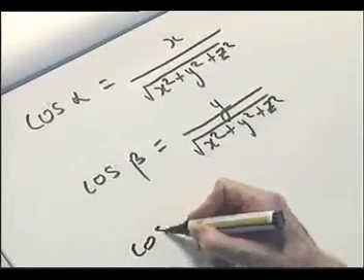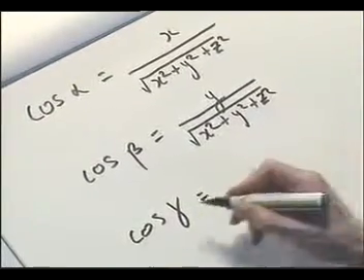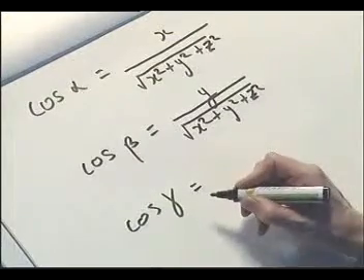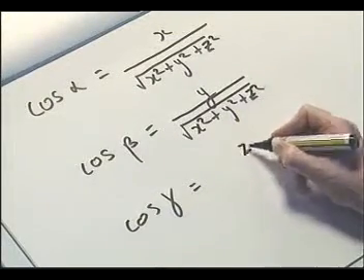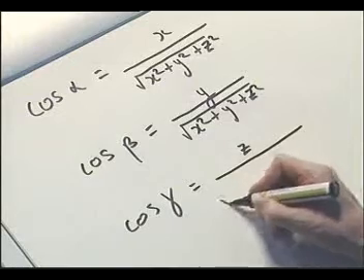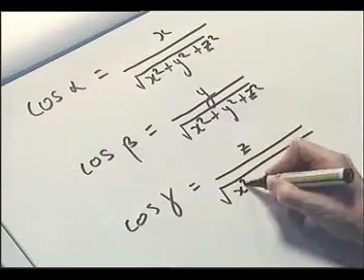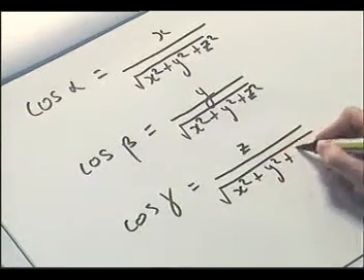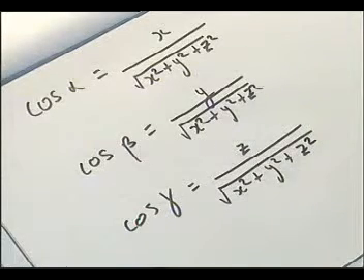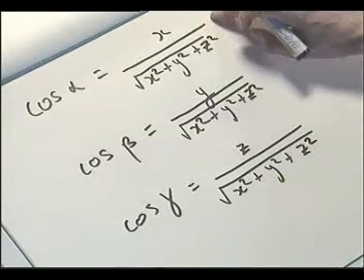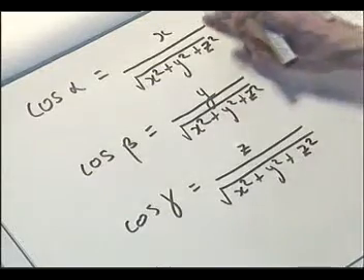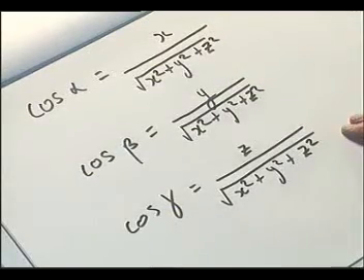And cos gamma, gamma is the angle that OP makes with the z-axis, and so it will be z over the square root of x squared plus y squared plus z squared. So these are our direction cosines. These are expressions for being able to calculate them.